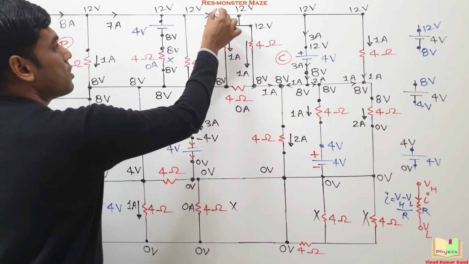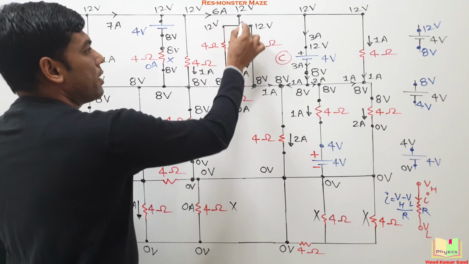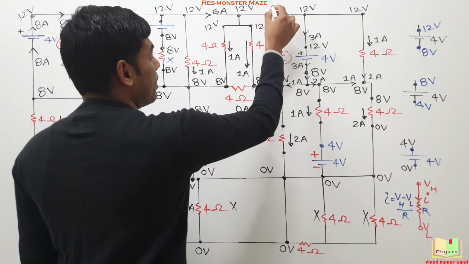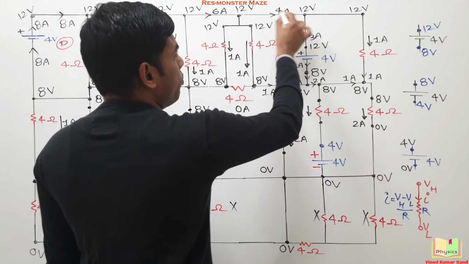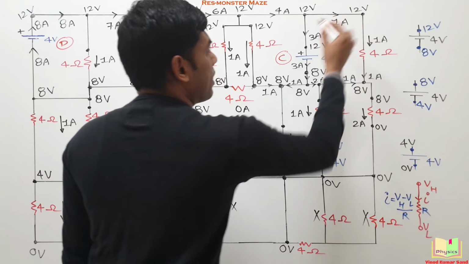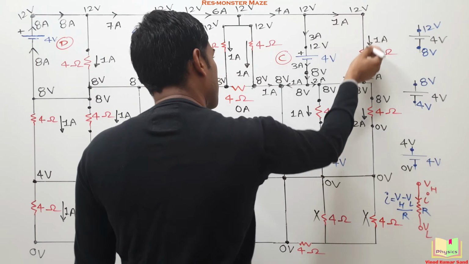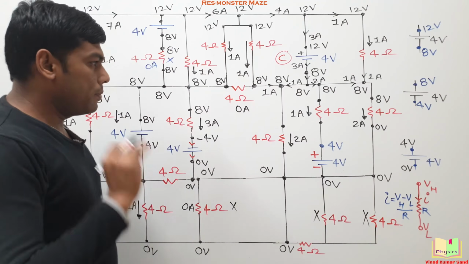So in this branch the current is 6 ampere. Out of 6 ampere, we send the 2 ampere current here. So the remaining current in this branch should be equal to 4 ampere. Out of 4 ampere, the 3 ampere is here. So this branch will have the current 1 ampere. For this junction, the incoming is 1 ampere. So the outgoing should also be 1 ampere. Is it okay?